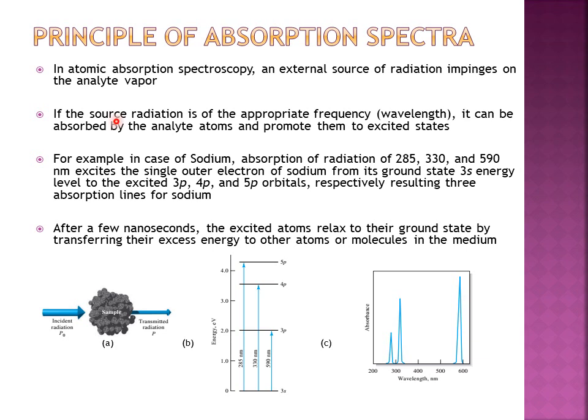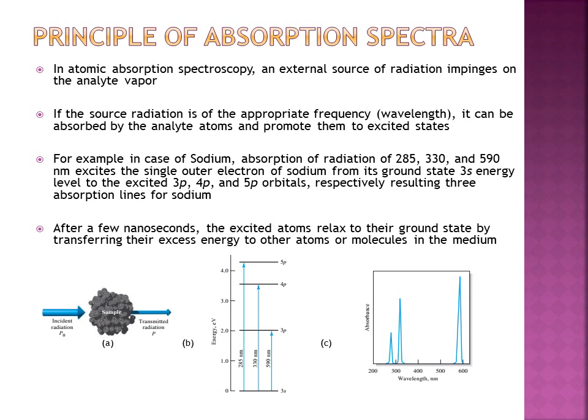If the radiations are of appropriate frequency or wavelength, they can be absorbed by the analyte atoms and promote them to excited states. So if these radiations have the proper wavelengths, they may be absorbed by our sample, and the sample may be excited from the ground state to the excited state.